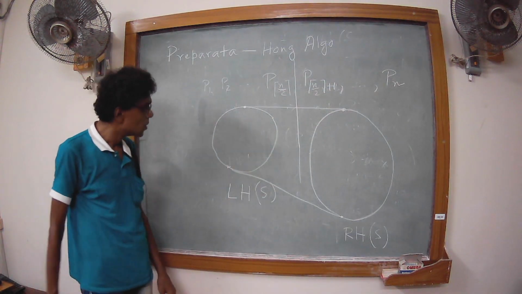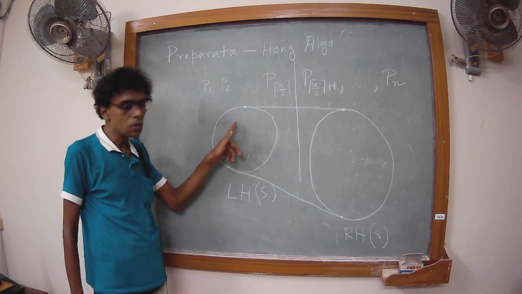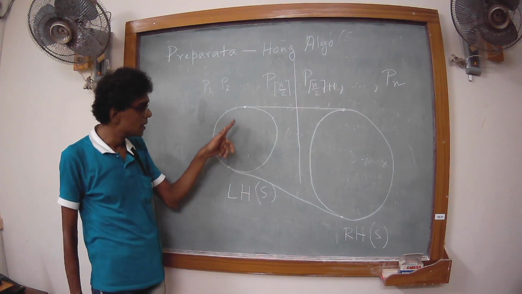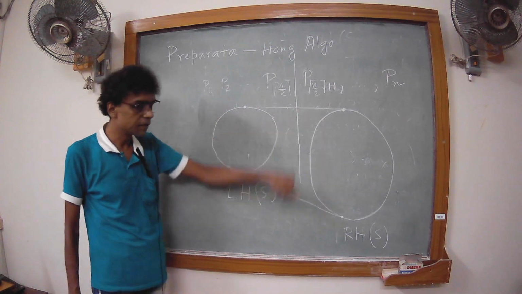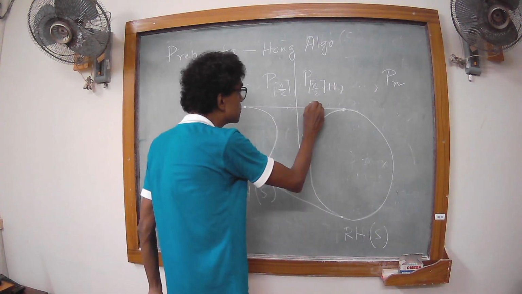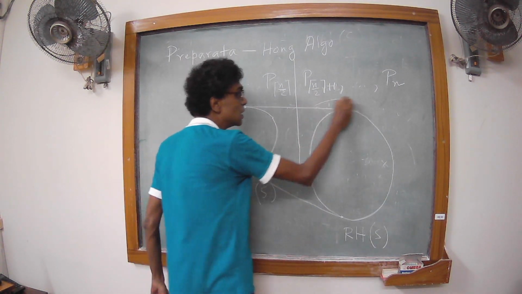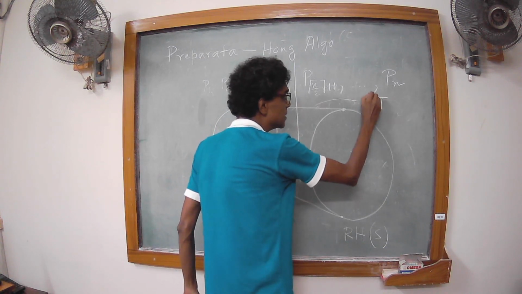So the question is, how do I identify these two points? In fact, this is called the upper tangent.